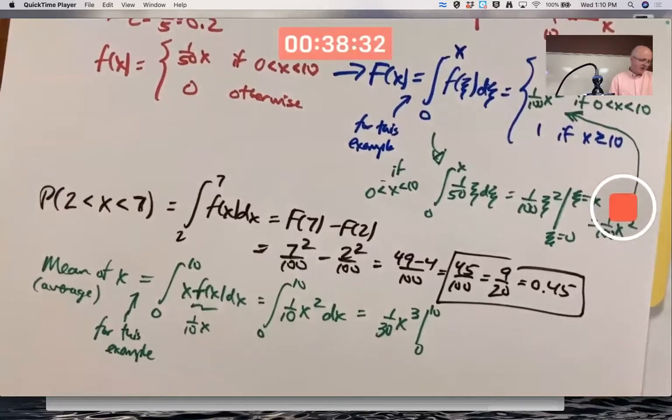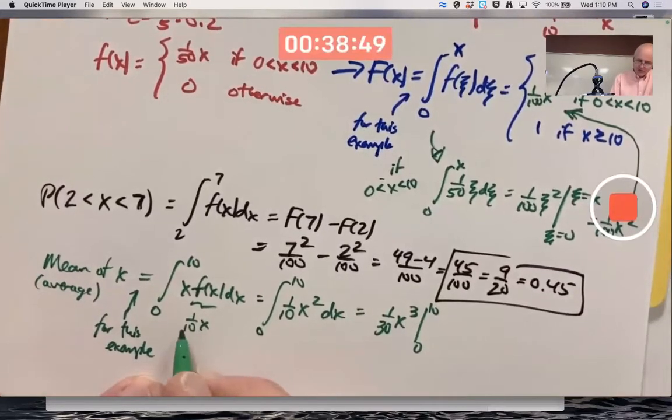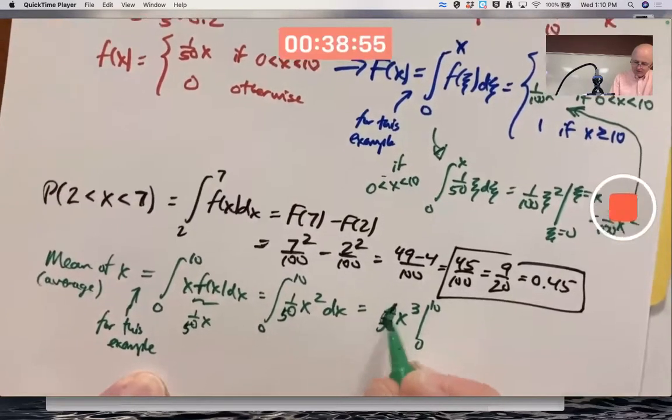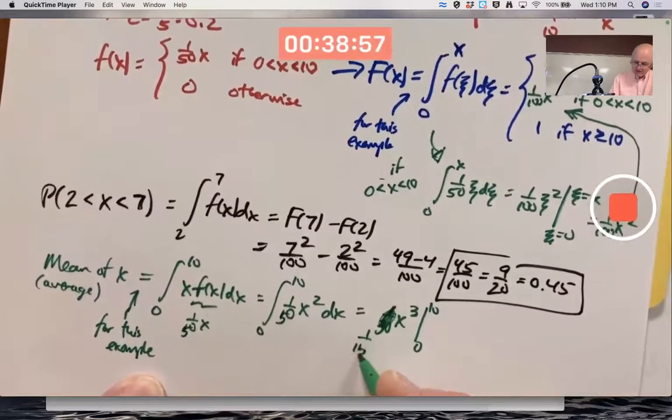And I'm worried that I got a different answer in the first section here. Let me just check and see what I did here. Oh yeah, the formula for little f is different. It's not 1/10 x, it's 1/50th x. So that's not 1/30th, that's 1 over 150.